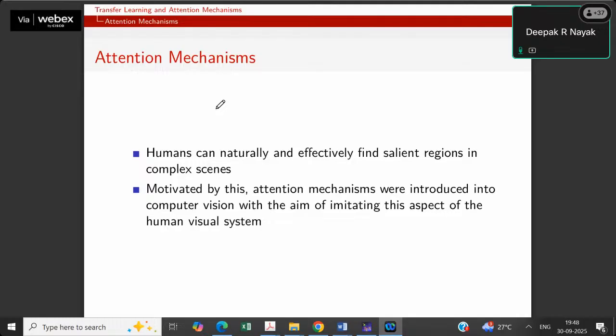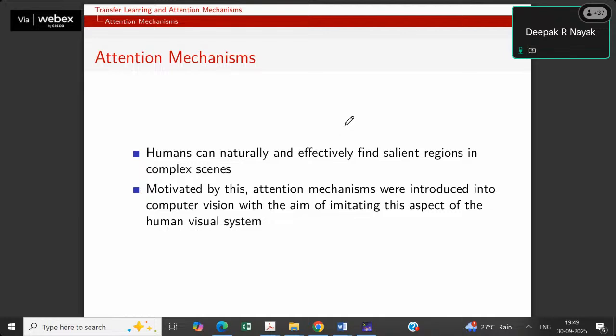The idea of attention mechanisms was of course brought from the human vision system, because humans can naturally and effectively find the important regions in any complex scene. I'll show you one example. If I ask you something, you can also tell me the answer, because it is natural to the human vision system that we always look at the salient regions in complex scenes.